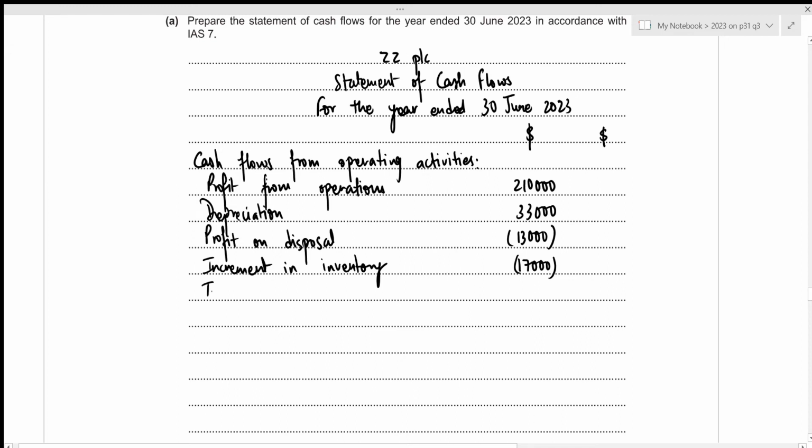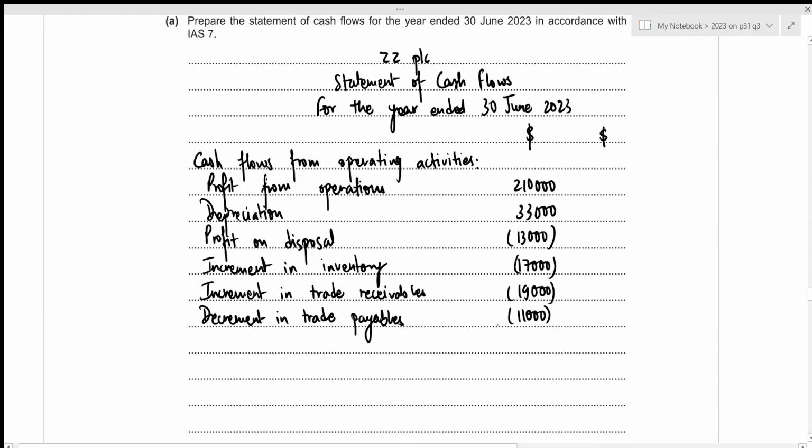Then we have increment in trade receivables, it was 19,000. Then we have the decrement in trade payables. That was 11,000.